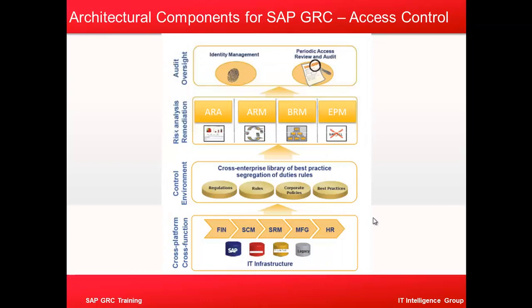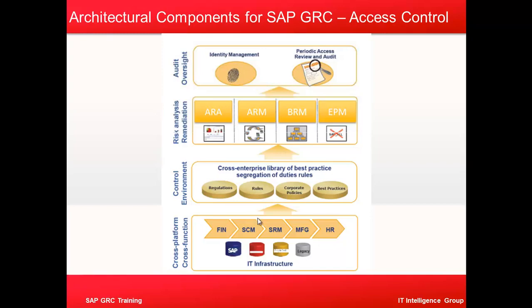Okay, so the architectural components for SAP GRC access control. Here you can see that your environment has finance, SCM, SRM, manufacturing, HR. You may have SAP and non-SAP based components and infrastructure.